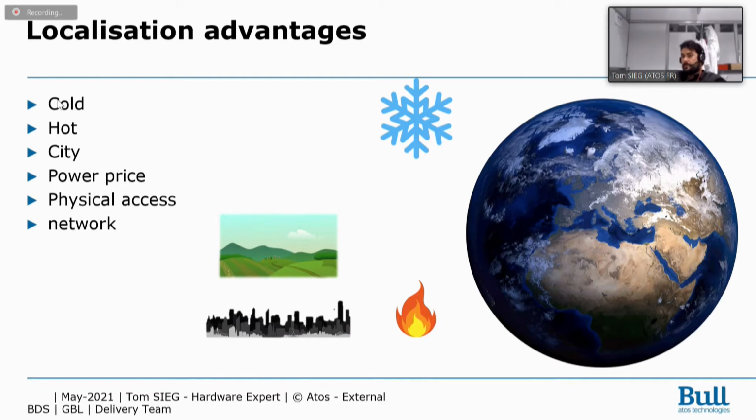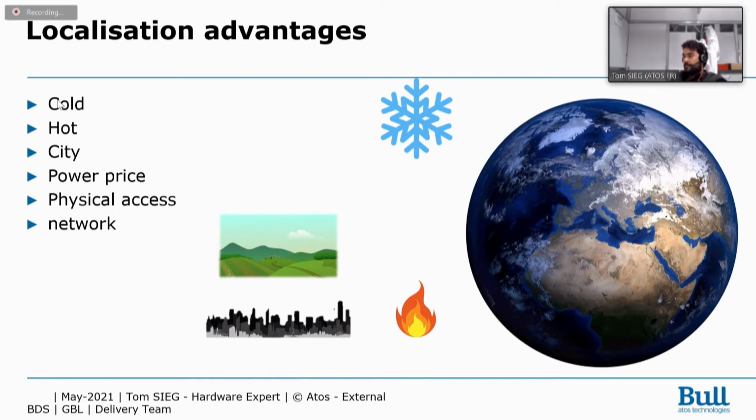That is for the second choice. Next, whether you put it in a city, near a city, or far from a city. This could also influence the power price because the cluster will consume a lot of electricity. And the big cost of a cluster is electricity.